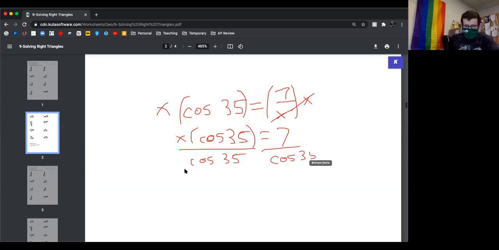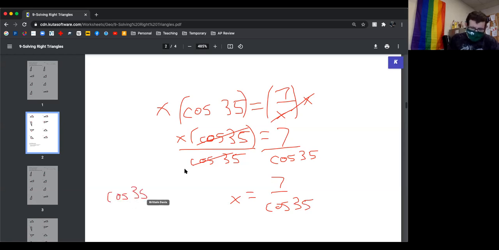So this is a little bit of work, right? And you get x equals 7 divided by the cosine of 35. Now, look at where we started. We started with this: the cosine of 35 equals 7 over x. So the shortcut here, if this is something you find helpful, when x is in the denominator, and this is where you have to be careful, when x is in the denominator, you can just take these two values and flip them.